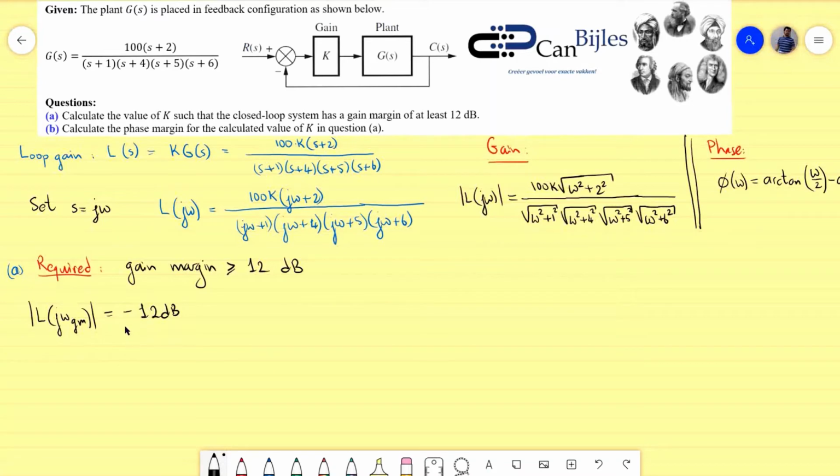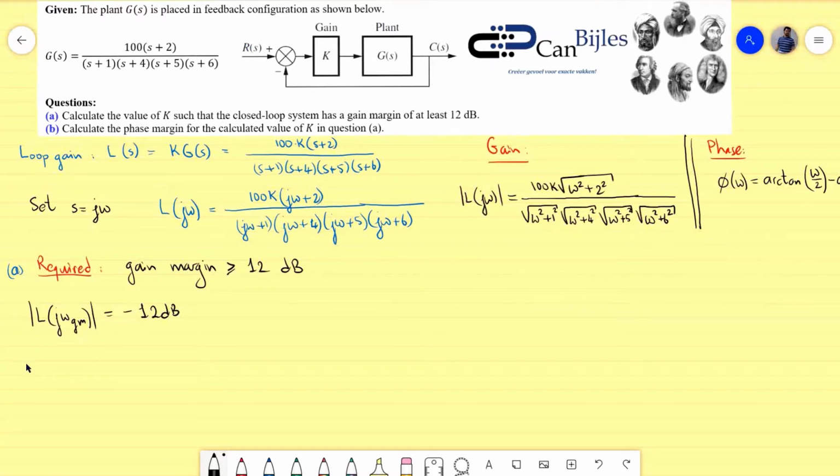So I need a safety or headroom of a specific gain, and this is what I require. So this is now 12 dB, so I will need an attenuation of minus 12 dB, so I can add another 12 dB to come to 0 dB. That's the whole idea behind this.